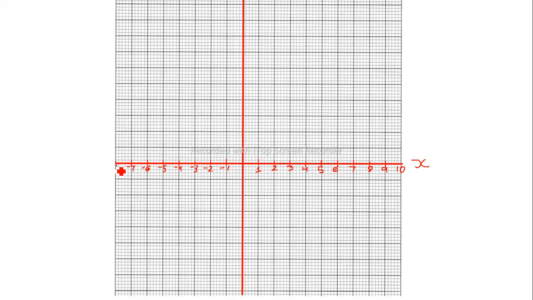And finally, of course, -8. Good, and this is going to be 0. Good, so we have solved what they tell us to do, at least for the x. Our x is between -8 and 10. That's the x-axis. Now let's do the y-axis.